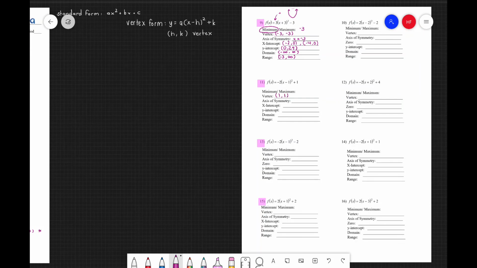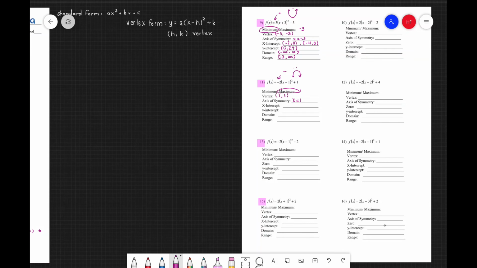So (1, 1) is our vertex, which means our maximum or our minimum is at 1. It is negative, so we have a sad parabola. So that means we have a maximum value. So the maximum is at 1. Axis of symmetry is the x value of the vertex, so x equals 1.